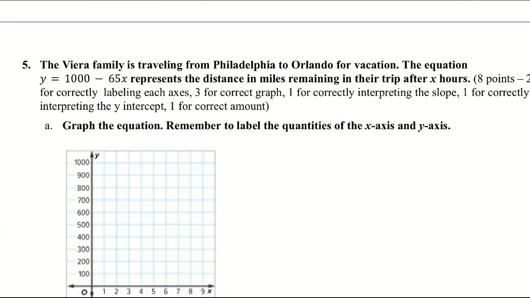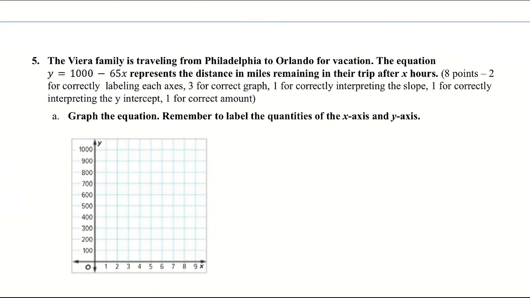Second page. We talked about this one a little bit in class. It's a lot of words, so read the words, but it's not as difficult as it might seem. It says, the Vieira family is traveling from Philadelphia to Orlando for vacation.